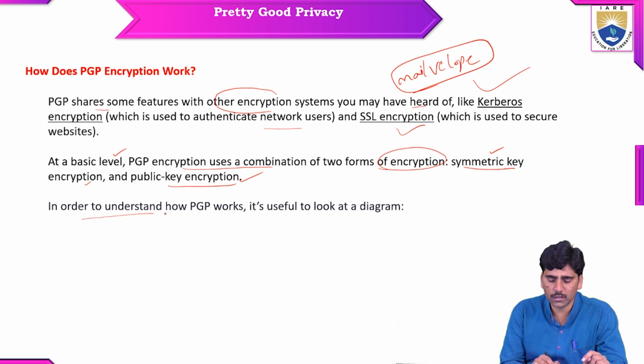In order to understand how PGP works, it's useful to look at the diagram. We'll see in this diagram how it works based on symmetric key encryption and public key encryption.